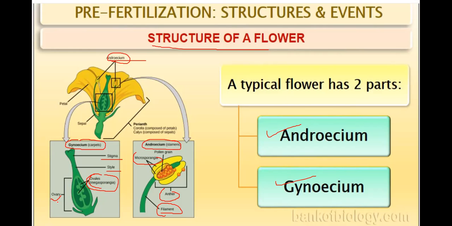Megasporangia are present in the ovule region, and microsporangia are present in the anther region of the stamen. Within microsporangia, there are pollen grains. So a typical flower is having two parts, one is androecium, second is gynoecium. I hope it is clear to all.